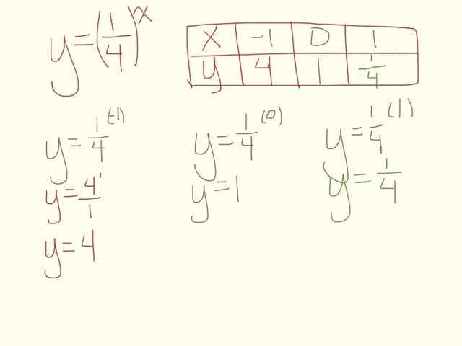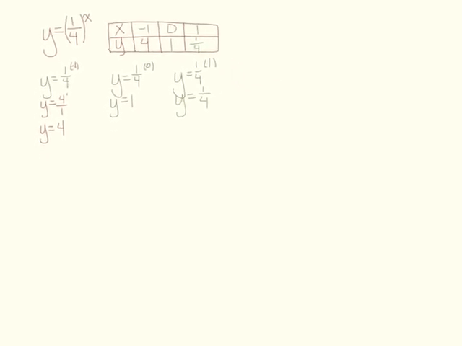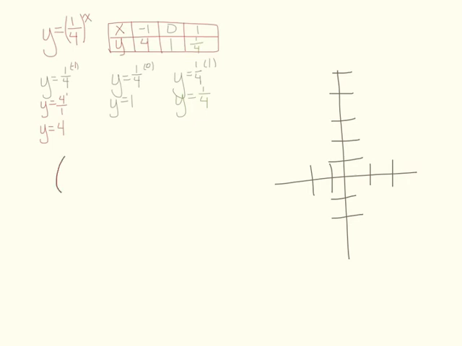Okay, so let's go ahead and graph this one as well. Okay, so the points we're working with are when x is -1, y is 4. When x is 0, y is 1.